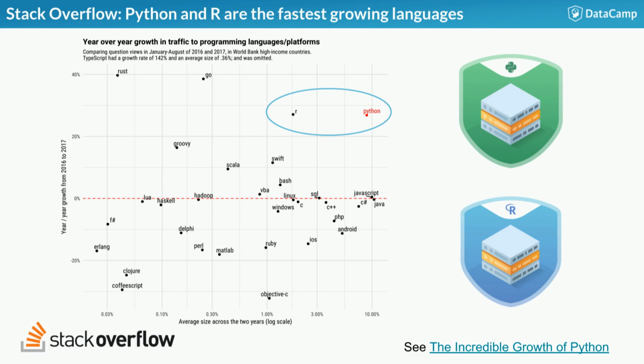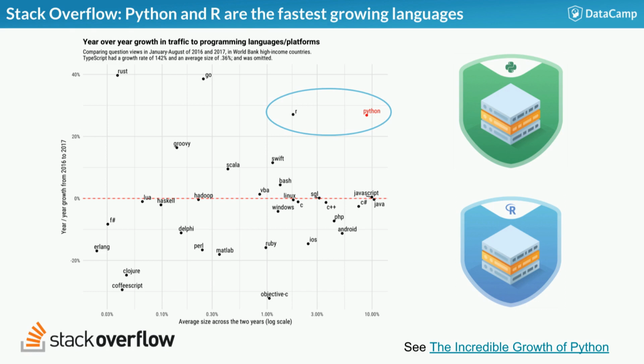And then on the vertical axis here, you see the year-over-year growth in views to those questions. So that's a proxy for the year-over-year growth of the popularity of that software language. And then on the horizontal axis, you see the relative, say, market share of these different languages.